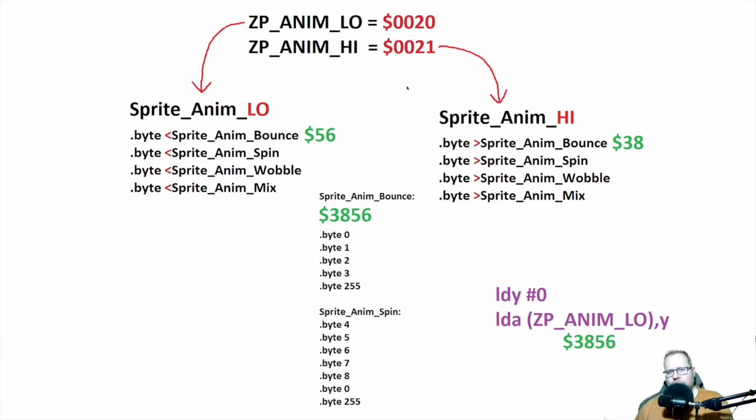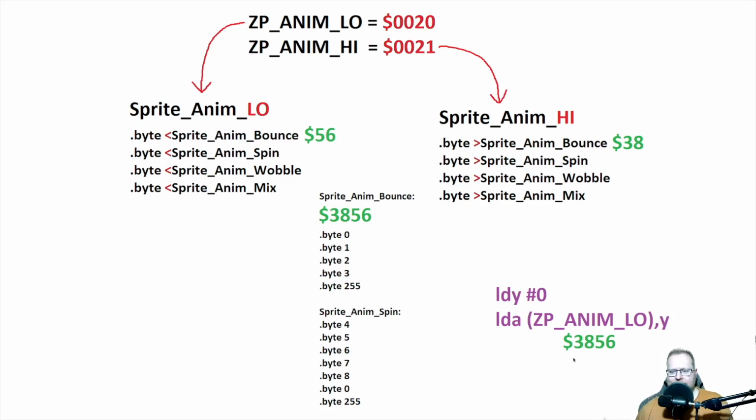But I have a constant called cp anim low, so I'm going to write that instead of 0020. Alright, so LDA cp anim low, this memory address, comma y.